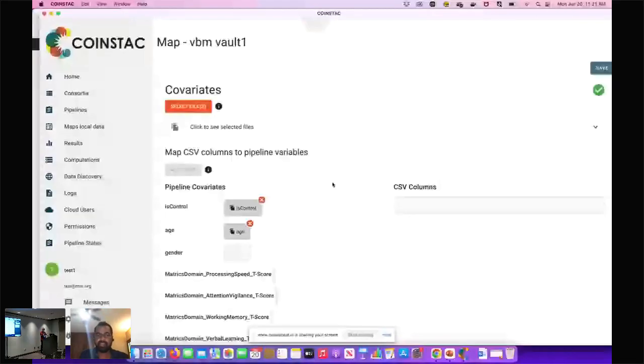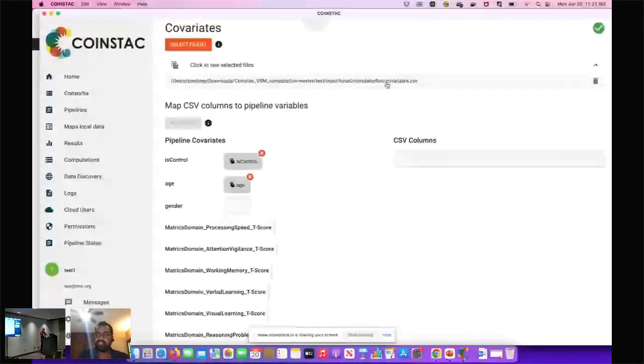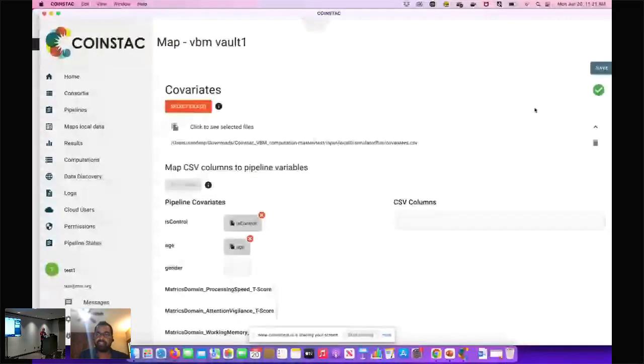At that point, you have mapped your data, and you can see the selected files, and you can save this and go back to the consortium and run.